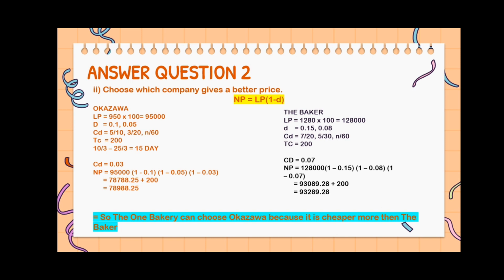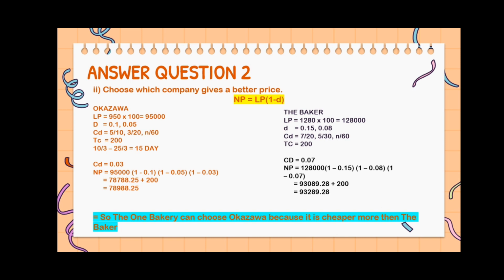Next is the Baker. LP equals 1280 times 100 equals 128000. D equals 0.15 and 0.08. CD equals 7/20, 5/30, and n/60. TC equals 200.